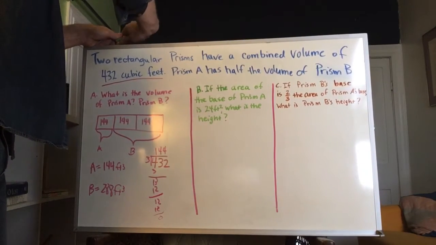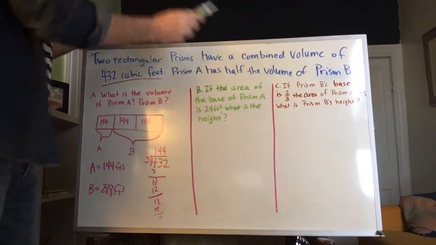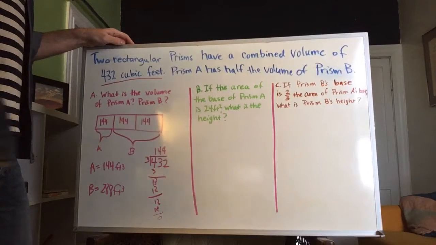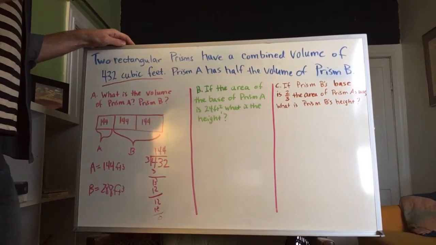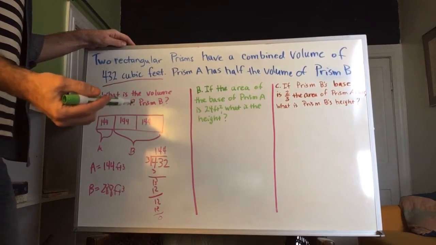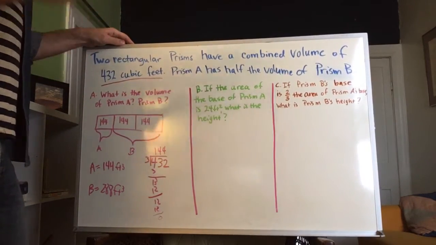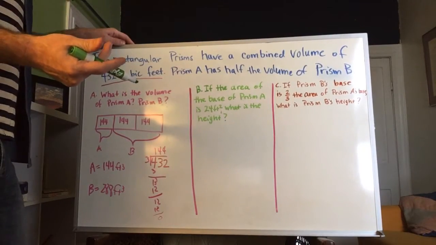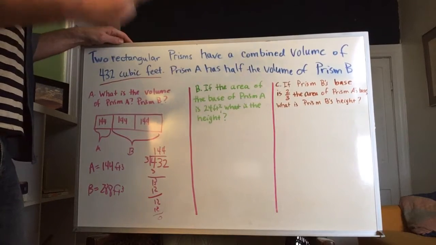So if we go to part B, it says, if the area of the base of prism A is 24 square feet, what is the height? So let's think about this. The formula for volume is length times width times height, right? And the formula for area is length times width.